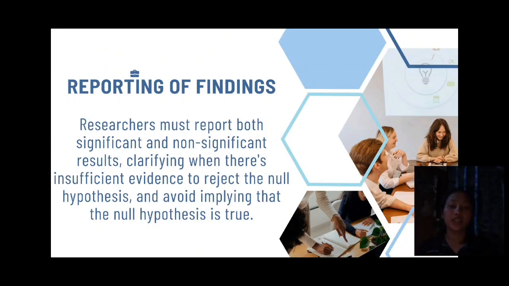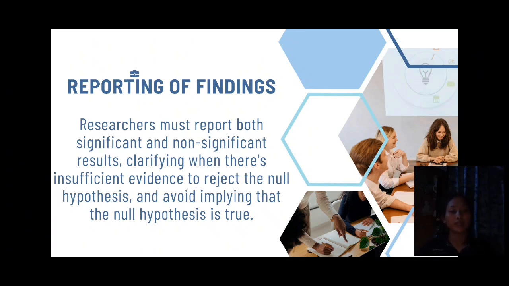In research, it is important to report both significant and non-significant results. You should not only present findings that show statistical significance and ignore those that do not. When a hypothesis test shows insufficient evidence to reject the null hypothesis, this does not prove the null hypothesis is true.